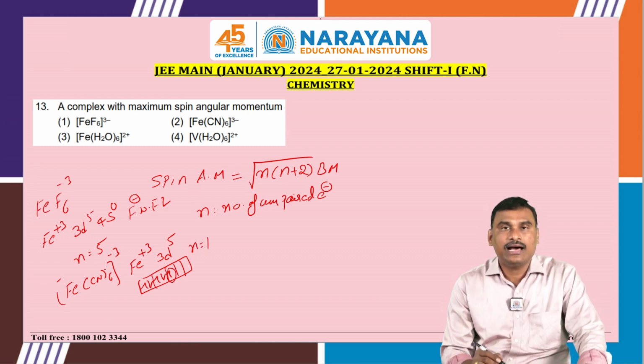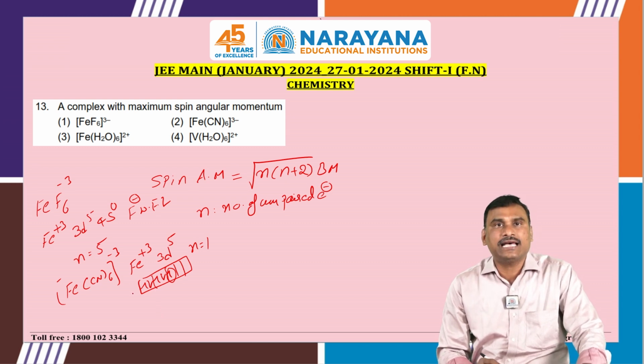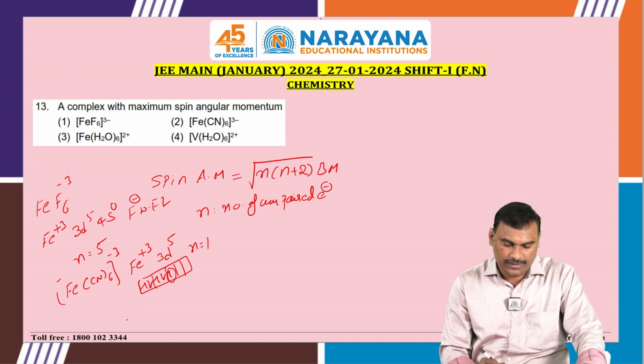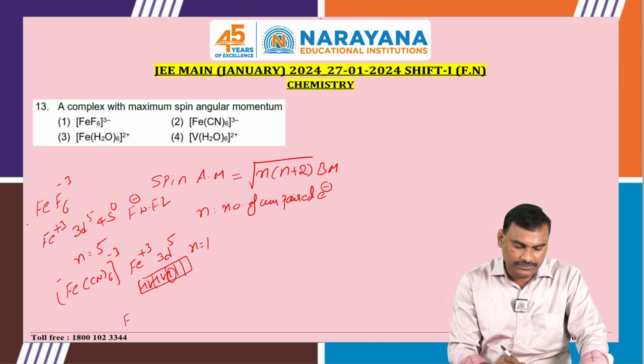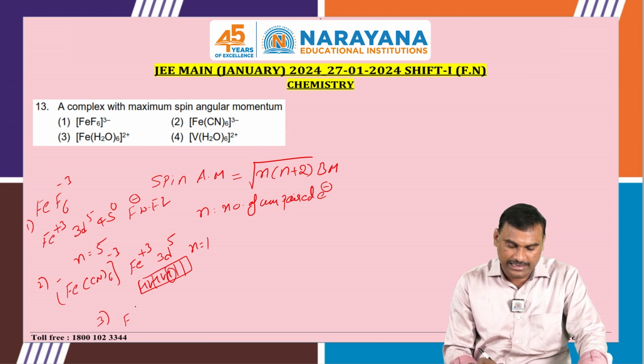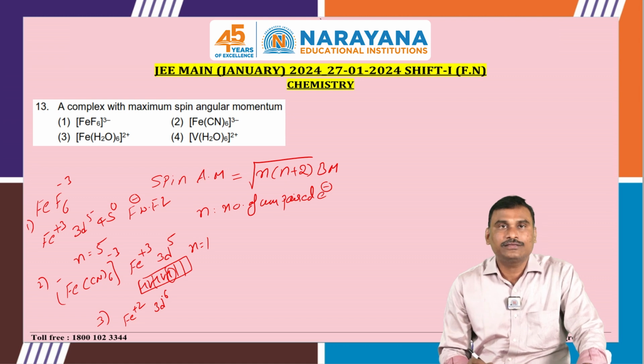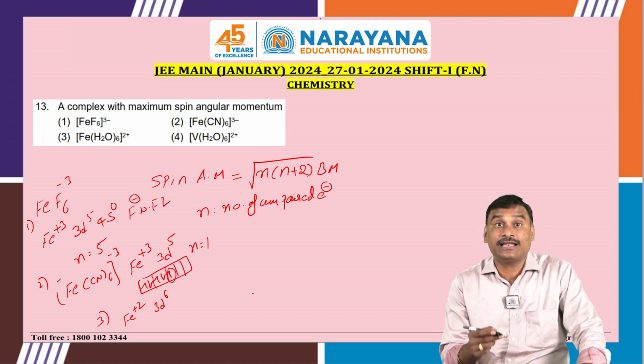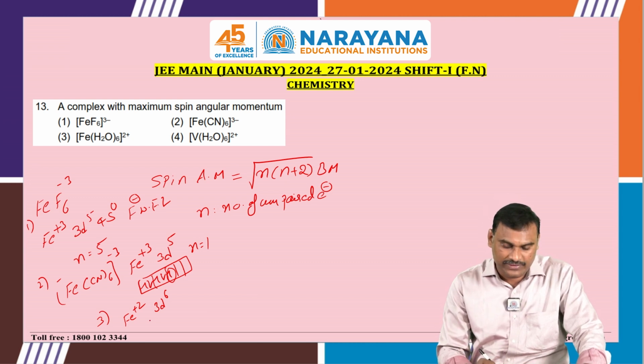If you go for Fe(H2O)6 2 plus, that is hexaaqua iron plus 2, here in option 3 iron is plus 2, that is 3d6. Students are getting a wrong option here in option 3, since there are 6 electrons, but water is a weak field ligand.